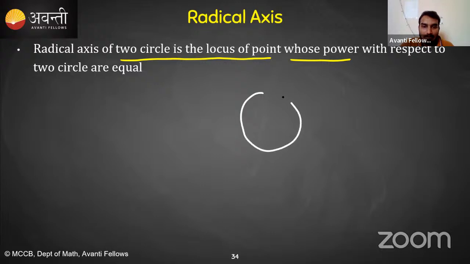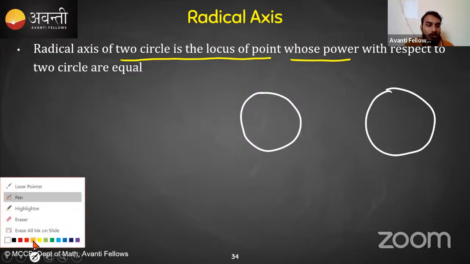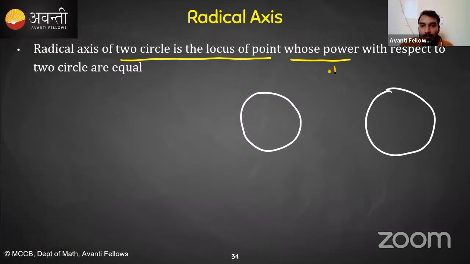Okay, so it means two circles are there. Let's say this is one circle and this is another circle. So what is the radical axis? It is a locus of a point. Let's say this is a point P, (h, k), whose power with respect to the two circles is equal.